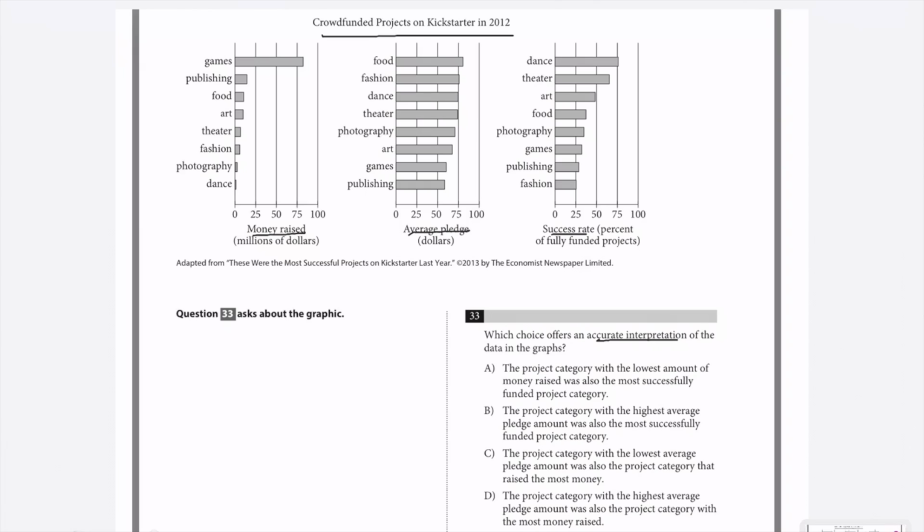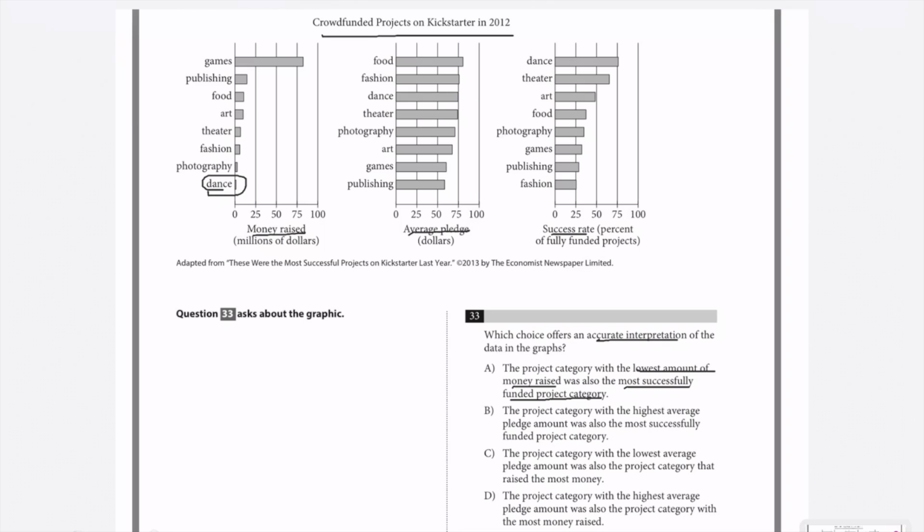The project category with the lowest amount of money raised was also the most successfully funded project category. Okay, so what was the project with the lowest amount of money raised? Within the three mini graphs, we go to the money raised graph, and we look at which one was the lowest amount of money, and we see here that that's dance.